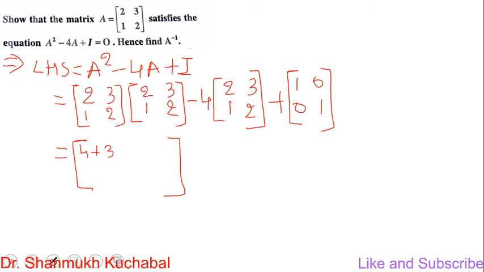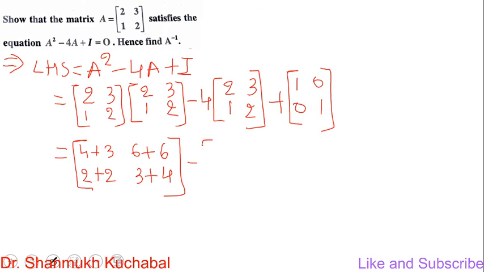Now first row is multiplied by second column. 2 3s are 6 plus 3 2s are 6. Now second row is multiplied by first column. So 1 into 2 is 2 plus 2 into 1 is 2. Now second row is multiplied by second column. It is 1 into 3 is 3 plus 2 2s are 4.